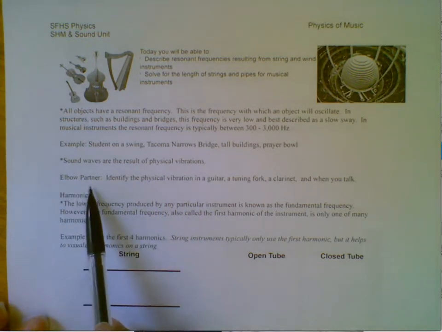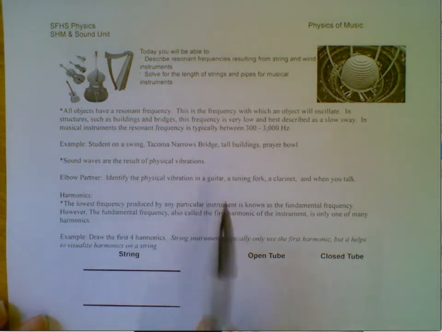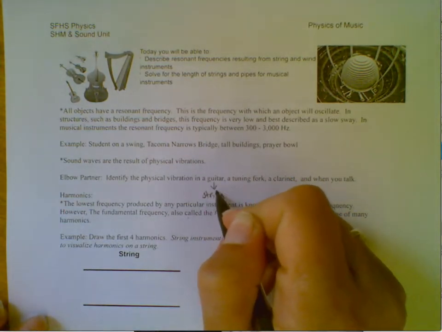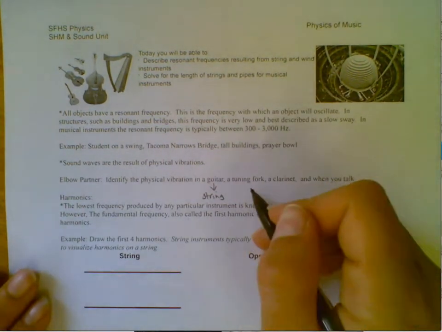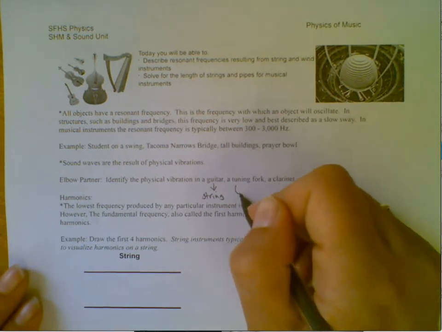So you're not going to do this with an elbow partner because you don't have one. So instead, we're just going to go through this together. Identify the physical vibration in a guitar. In a guitar, the thing that vibrates is a string, right? In a tuning fork, that's the thing that looks sort of like this.